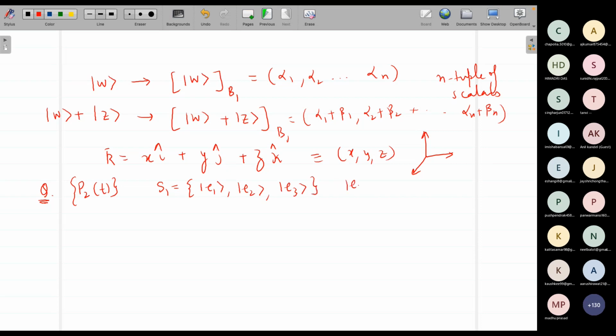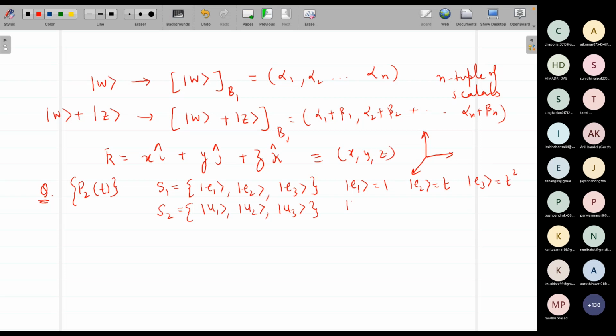So E1 is equal to 1, E2 is equal to t, and E3 is equal to t square. Remember, these are vectors of this polynomial space, and I have given you three vectors: 1, t and t square. Another set S2, U1, U2, U3 in the same space.